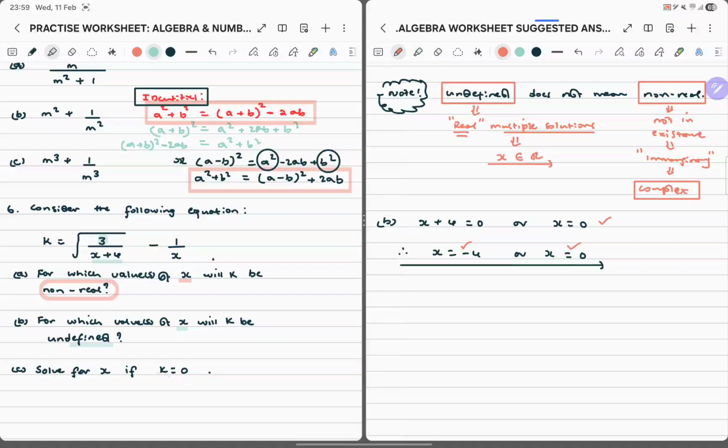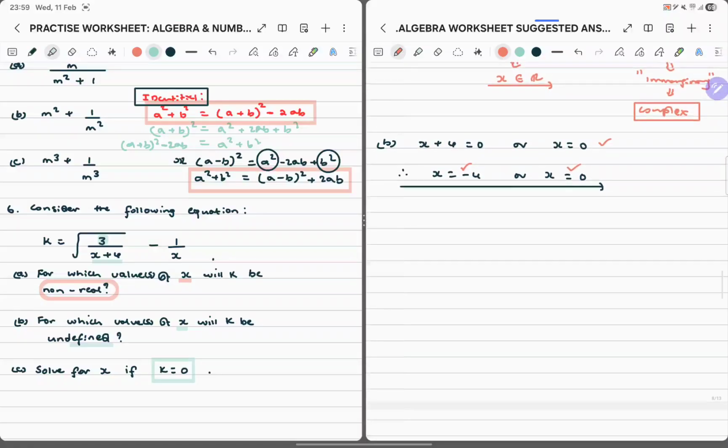Now solve for x if k is 0. See now, nice quadratic that you guys know how to deal with nicely. So we know that if k is 0, this simply means our radical 3 divided by x plus 4 minus 1 over x is equal to 0, because that was k.